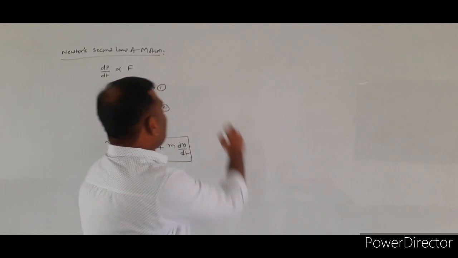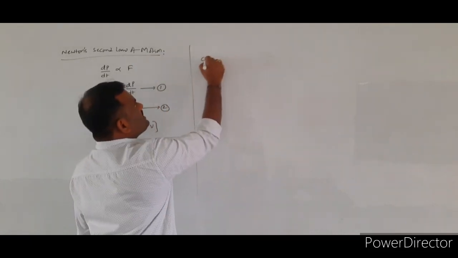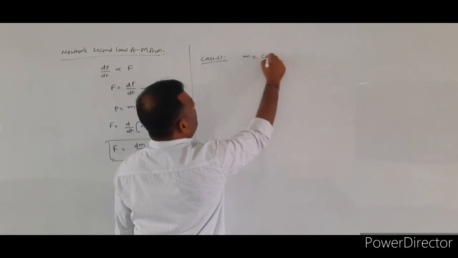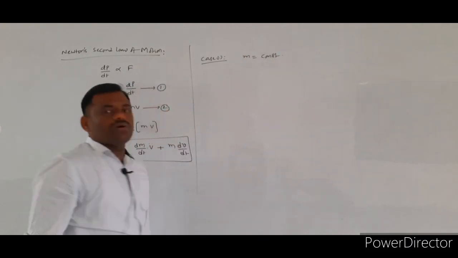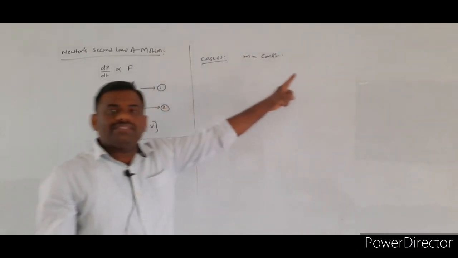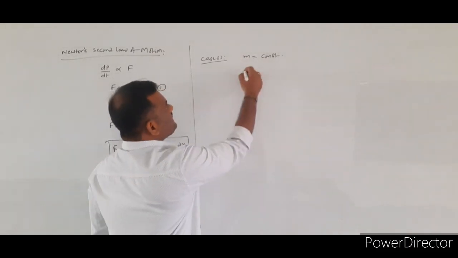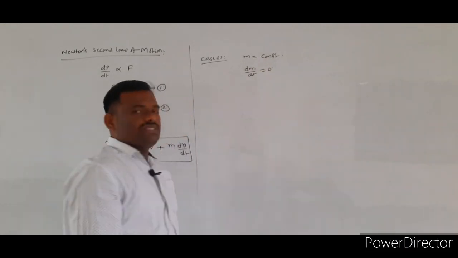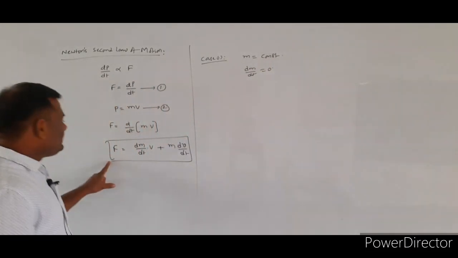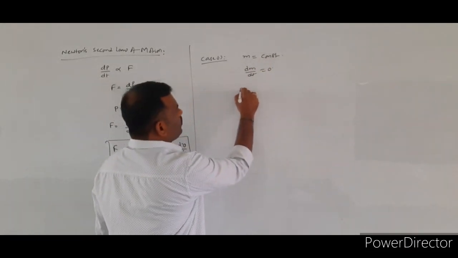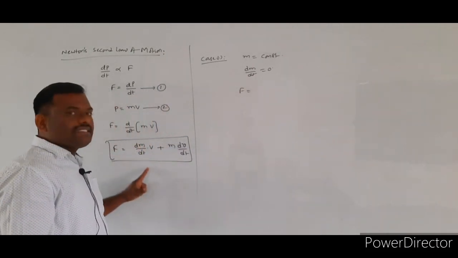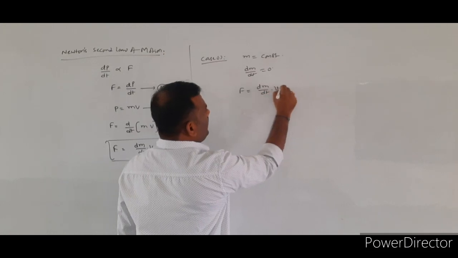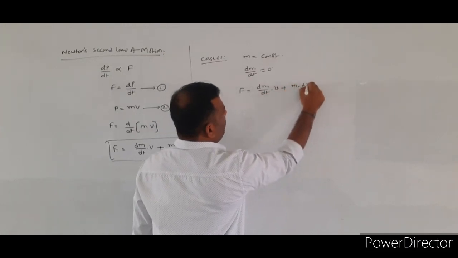So what is case 1? In case 1, we assume the mass of the given system is constant. If the mass is constant, what is its derivative? The derivative of a constant is 0. So the general formula is F is equal to dm by dt into v plus m into dv by dt.